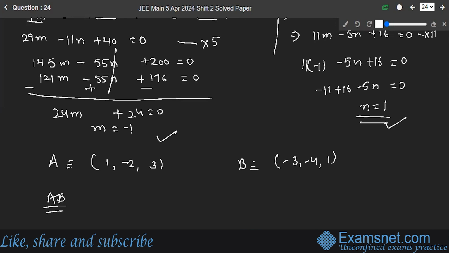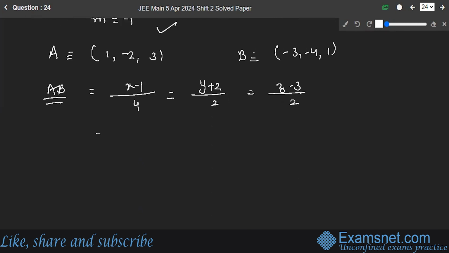Now, the line AB will be given by (x minus 1) upon (1 minus of minus 3), this will be 4, and (y plus 2) upon 2, (z minus 3) upon 2. Right, and this will give me (x minus 1) upon 2, (y plus 2) upon 1, (z minus 3) upon 1.